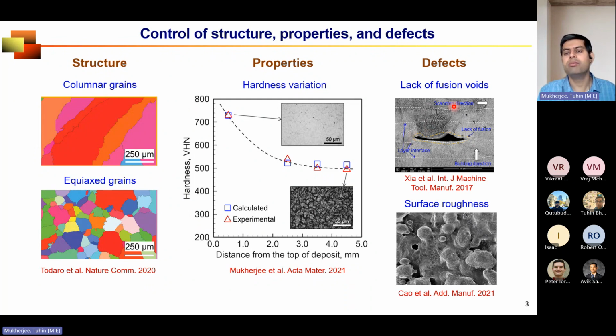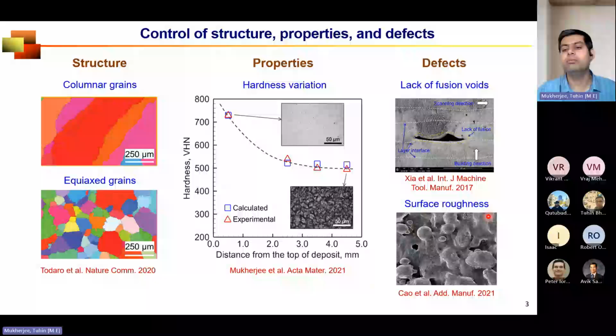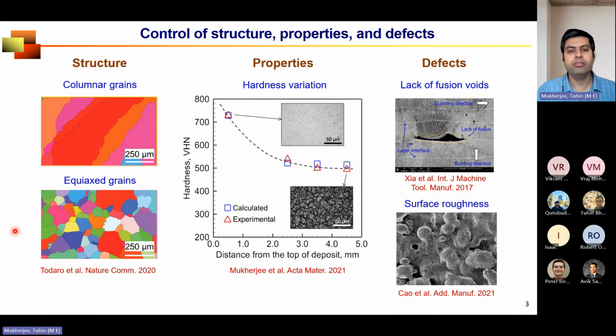You may have a void because of improper manufacturing process, and if you have a void like that hidden inside the part, the mechanical property will be very bad. Surface roughness, we all know that mechanical properties like fatigue is significantly affected by surface properties like surface roughness. So in additive manufacturing parts, all of these things affect simultaneously that will govern the final performance of the additively manufactured part.